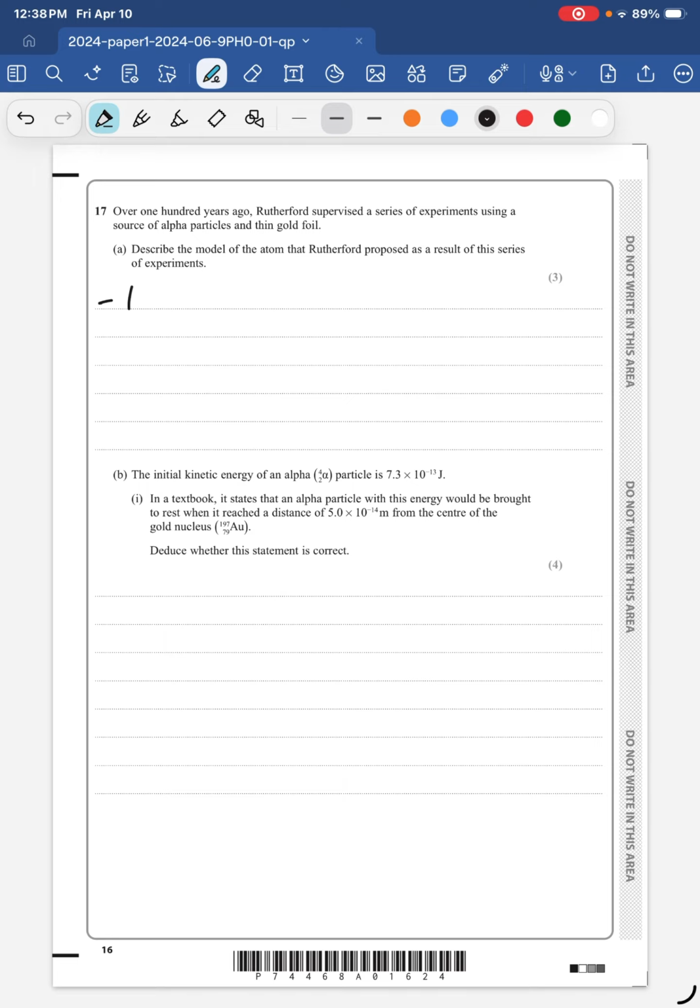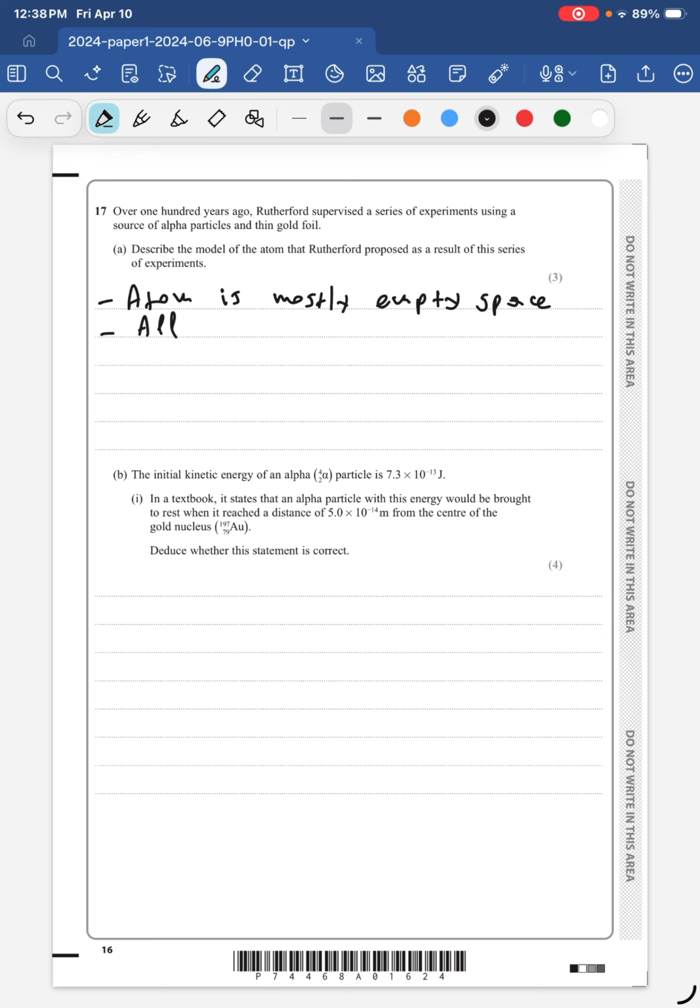So they figured out that the atom is mostly empty space, right? There is a charged nucleus, right?